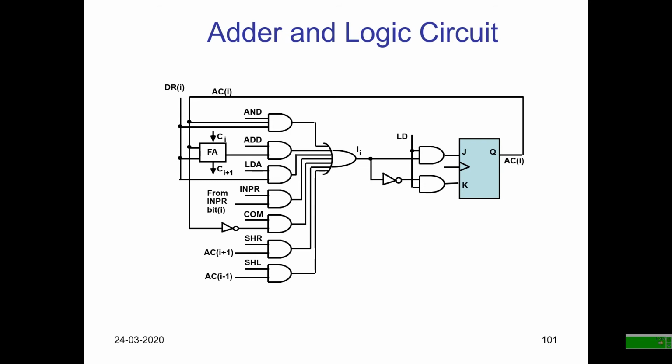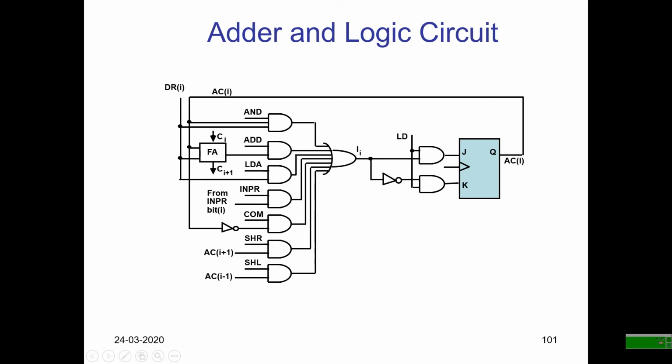Same way, on the input side you require 7 AND gates, 1 OR gate and one full adder circuit. We can take an example step by step. First is the AND operation, second is the add operation. For the add operation you require first the ADD signal and second the signal coming from the full adder.